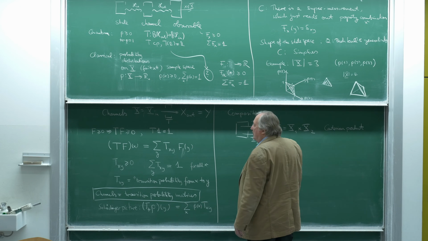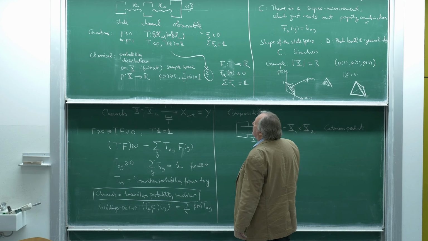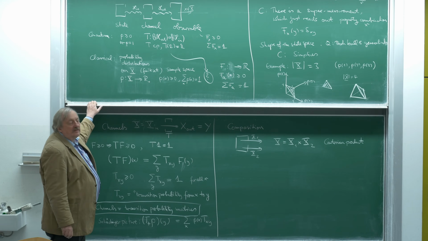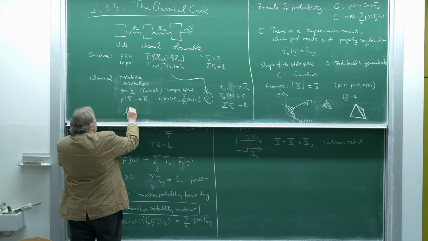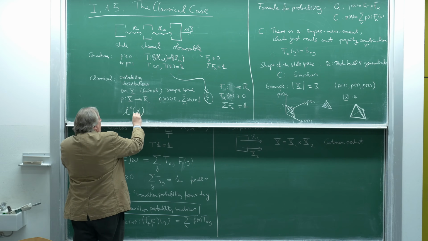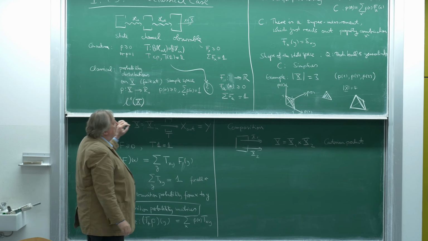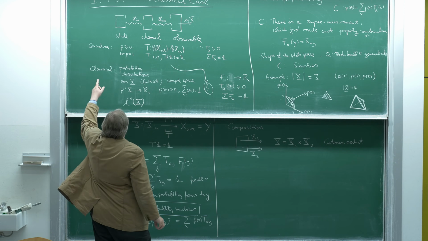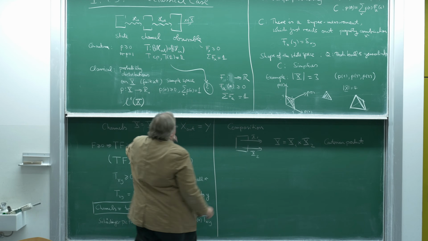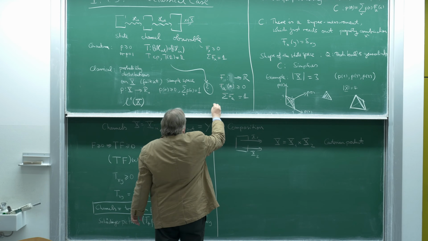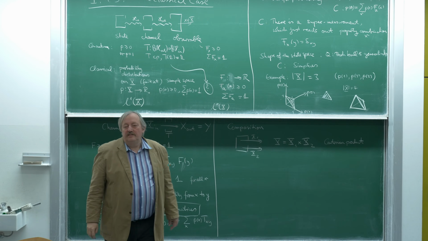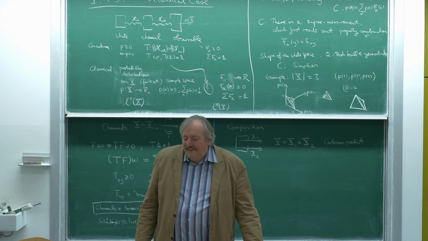But then, I didn't give the notation for these spaces. Of course, I would call this the space of summable sequences, L1 of x, right? And this corresponds to the trace class, and the analog of the bounded operators would be L infinity of x. Of course, when x is finite, these are the same space.